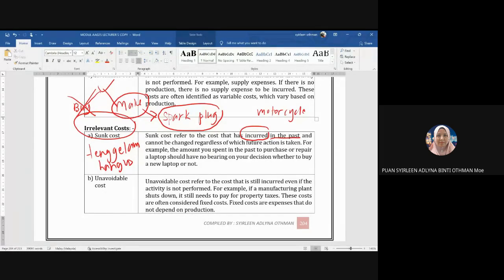So whatever happens now, your decision would not change the fact that you've already paid for that cost. For example, say I bought a MacBook earlier. I bought the MacBook for 4,000.